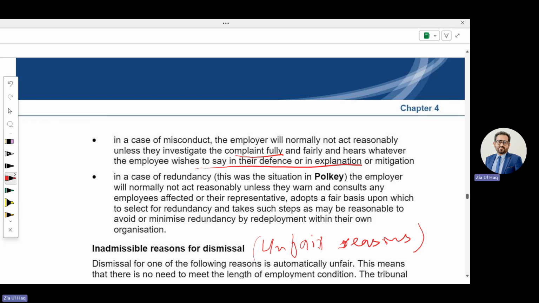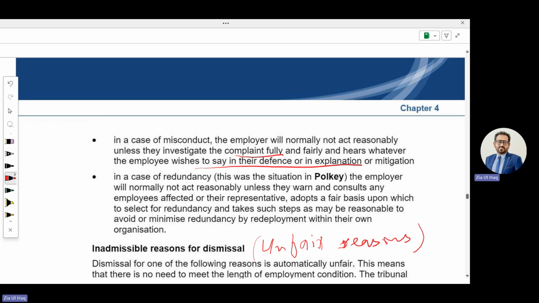If you are not hearing the employee, not giving him a chance to prove himself, then the dismissal will be considered unfair because you are not acting reasonably. In case of misconduct, you can dismiss, but you should act reasonably. Acting reasonably means giving a chance to the employee and trying to hear the employee.